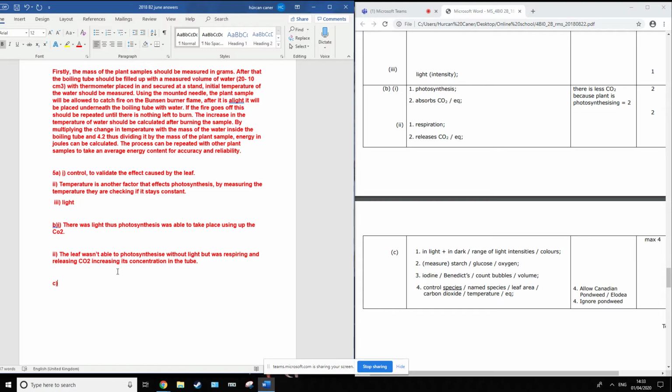So let's write it down. The student can use the aquatic plant Elodea and measure the rate of photosynthesis at different light intensities.